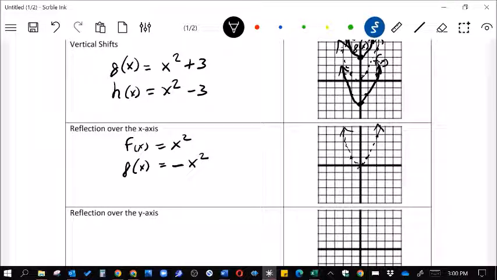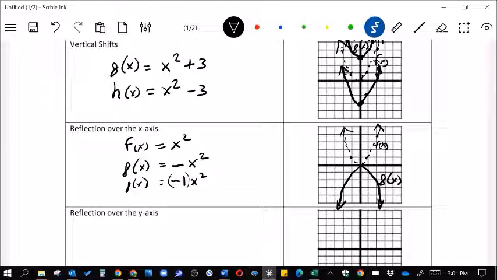And that would mean going down like this. So that's g of x. And that's actually because it's the same as -1 times x squared. So that negative actually means a coefficient of -1. Okay, just another way of showing it. We don't usually show the actual 1.